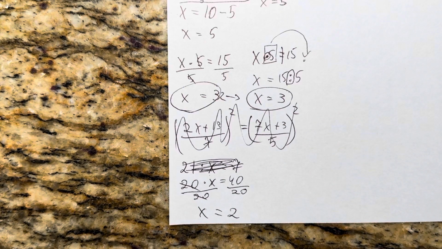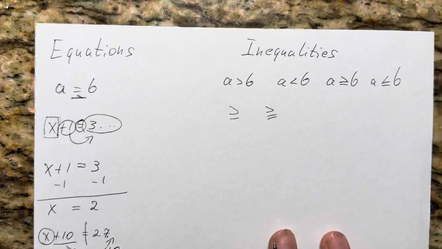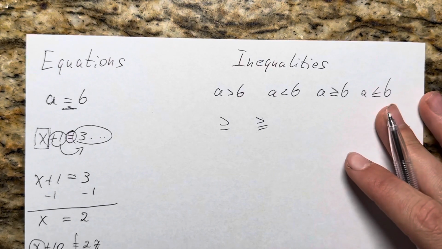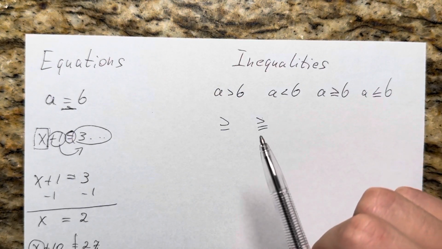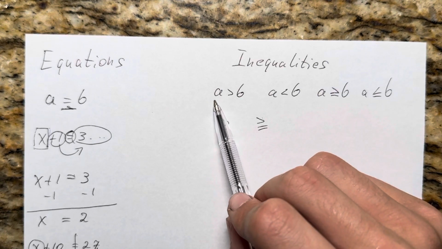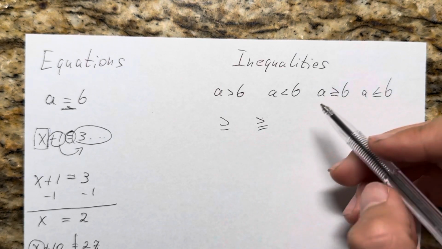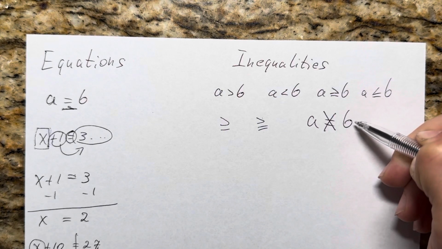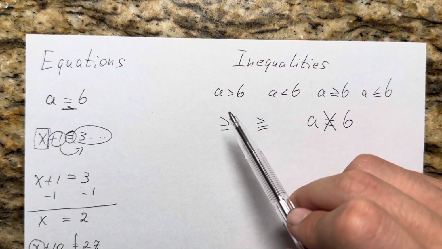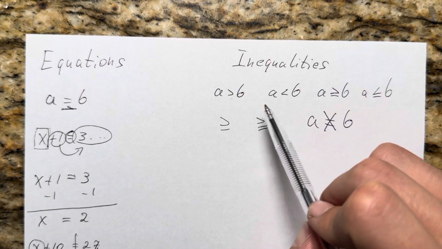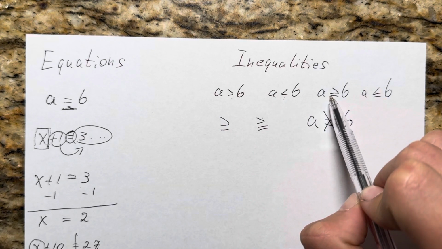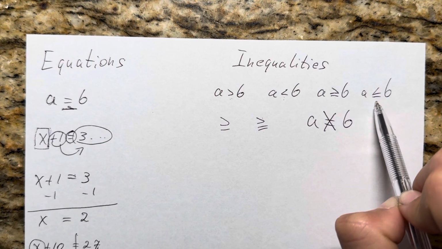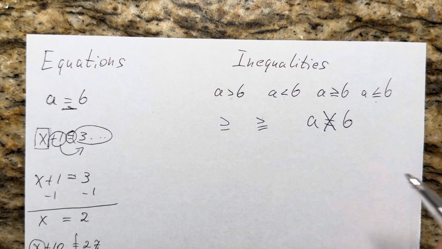Alright, so let's go to inequalities. As I said, an inequality is when a number is not equal to another number. It may be greater than, less than, greater or equal to, or less or equal to. Let's see.